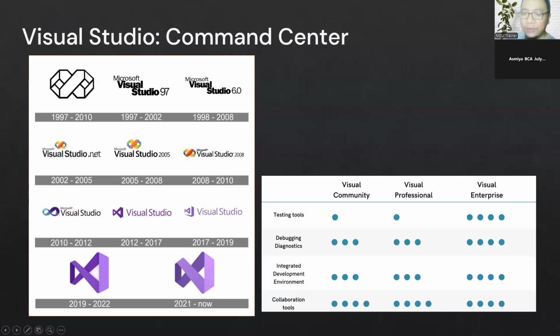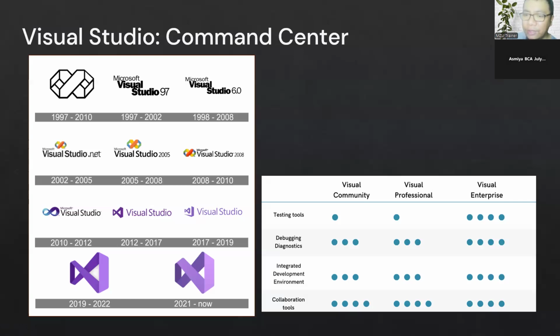All right, so let me go back to the command center. What does command center actually mean? Visual Studio acts as a command center, I should say, for developing VB applications. It provides the integrated environment.